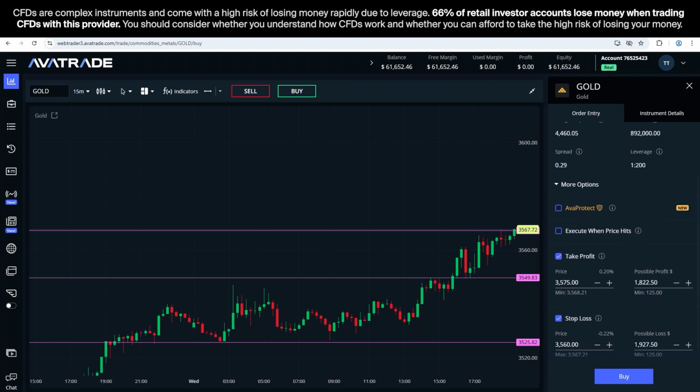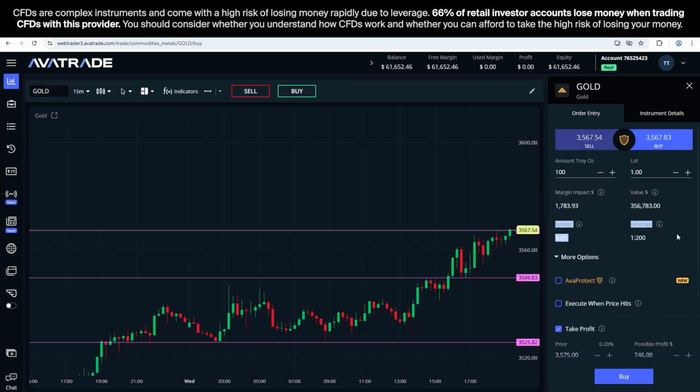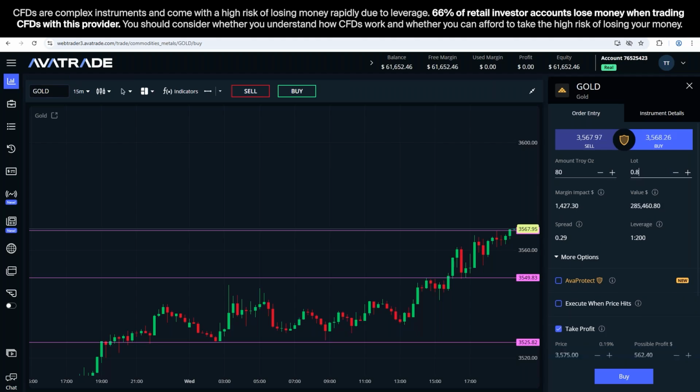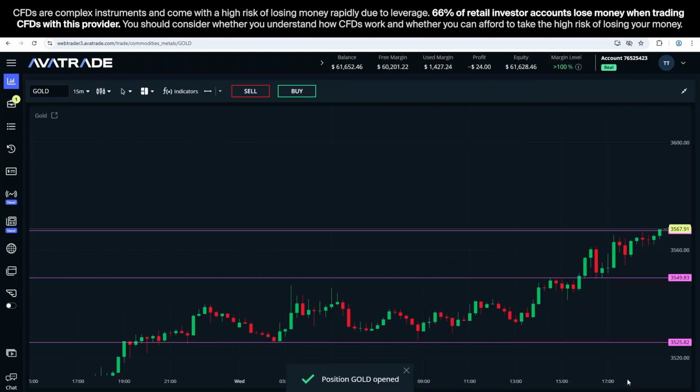Adjust my trade size to be the amount of risk I'm comfortable with. If I do one lot, I'm risking a little over 1%, 0.9, 0.8, risking less than 1% or about 1%, and you can make a move like that, okay?